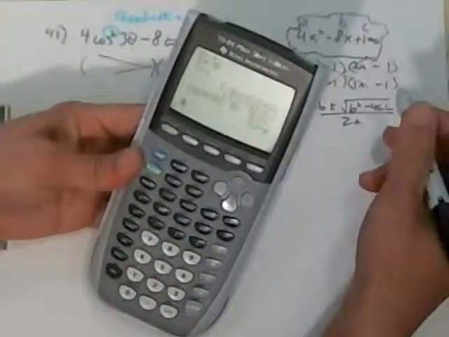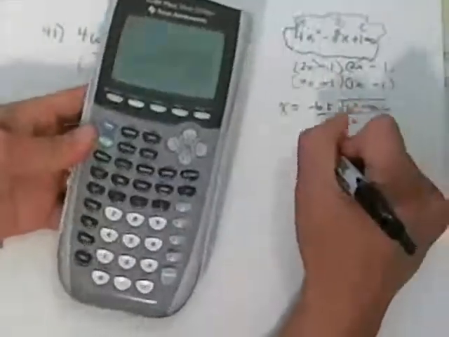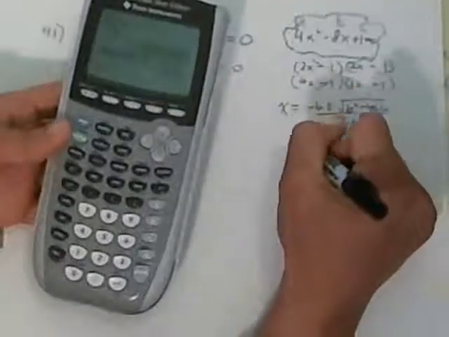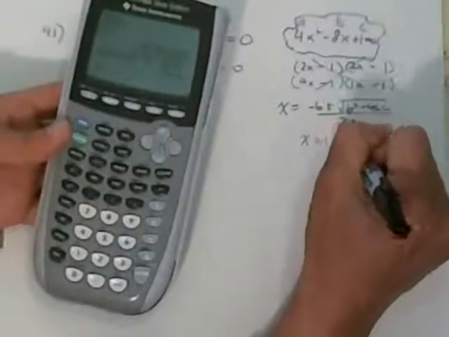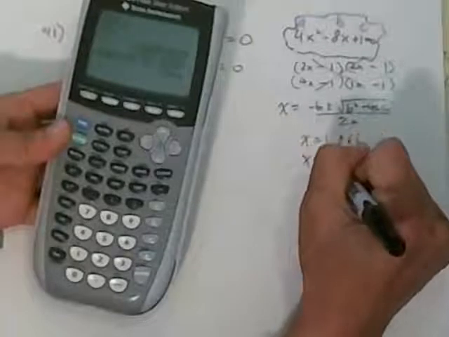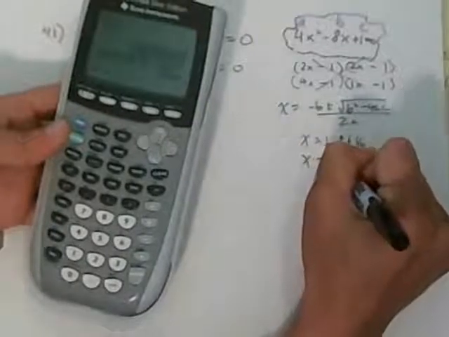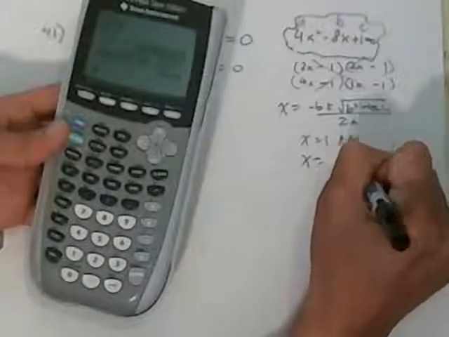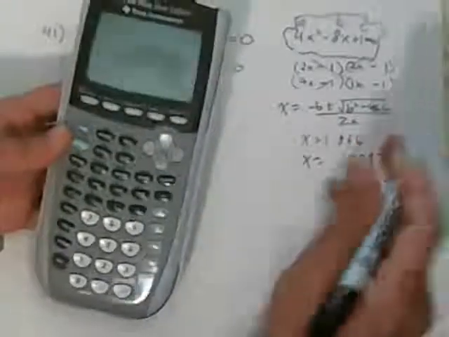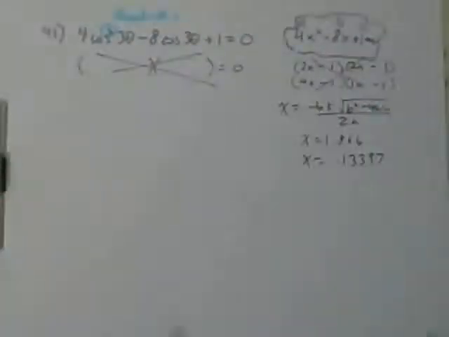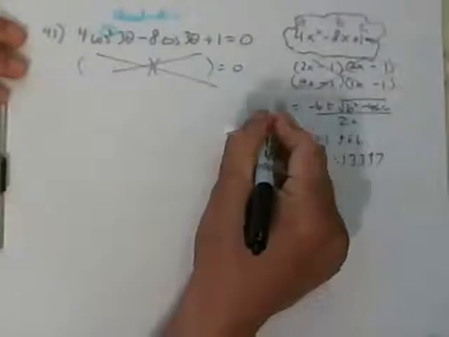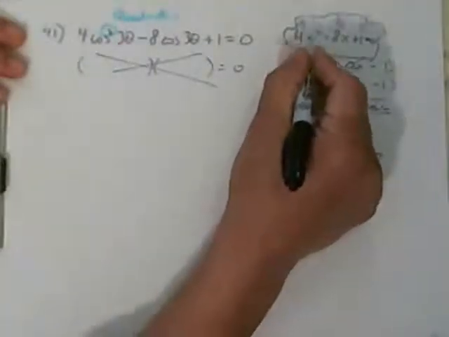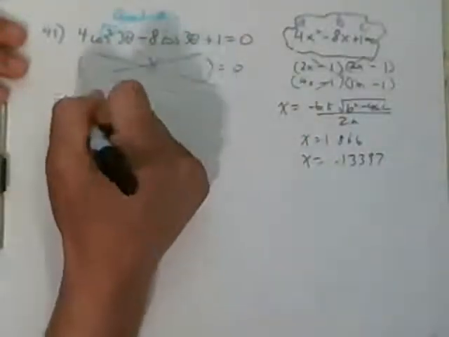I'm going to get a value of x equal to 1.866, or x equal to positive 0.13397. Our x, in this case, was cosine of 3 theta.